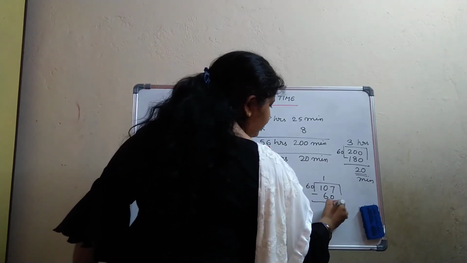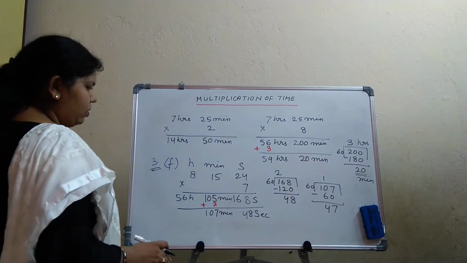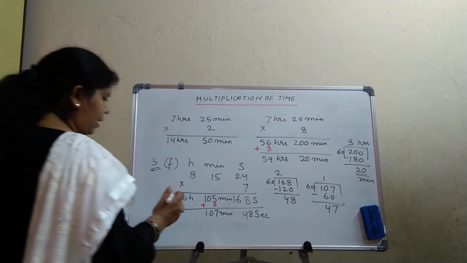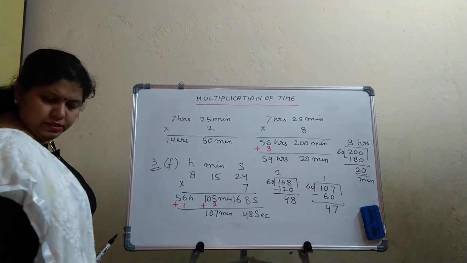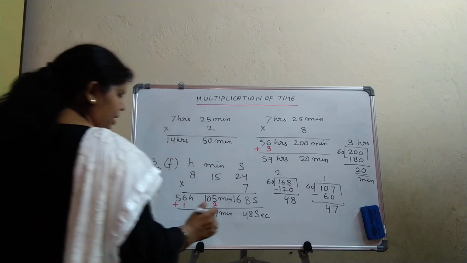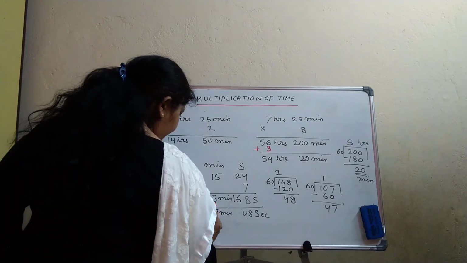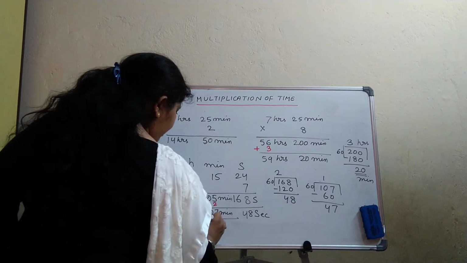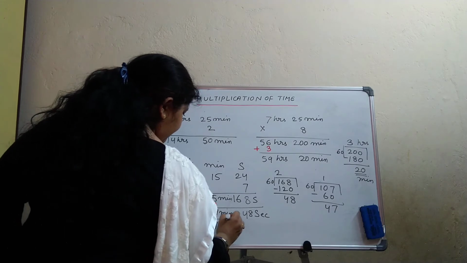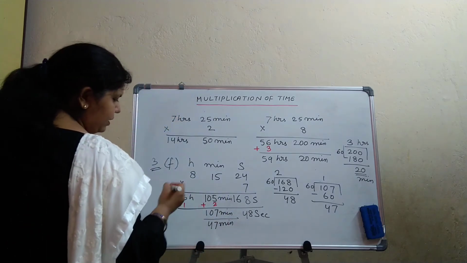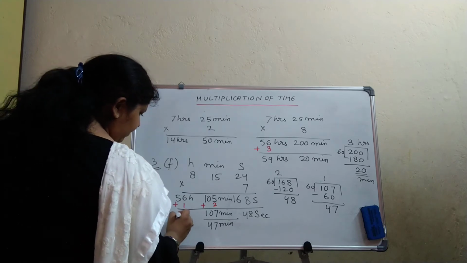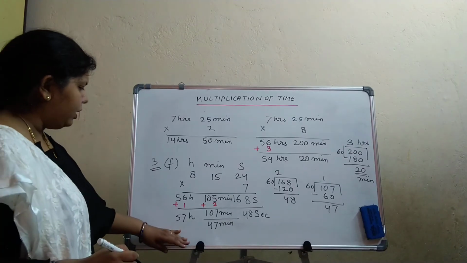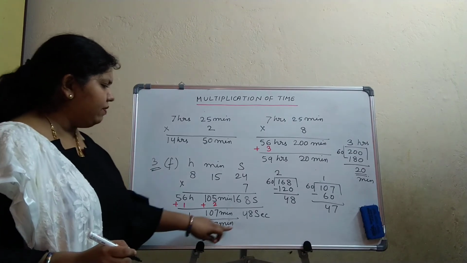After subtraction it is 47 you got. So the 1 which you have got as quotient will be carried to the hours place, so plus 1 in the hours place, and 107 has changed to 47 minutes. And 56 plus 1, how much will you get? It is 57 hours. So the final answer that I got here is 57 hours, 47 minutes, 48 seconds.